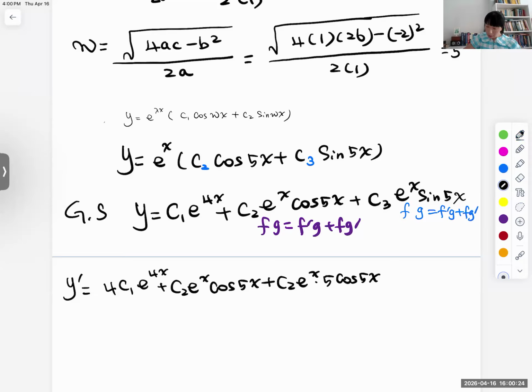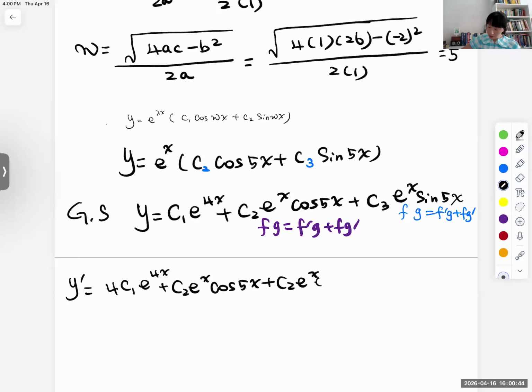So that will be, oh no, derivative of cosine 5x. We've been doing this e to the x, yeah, that's why, sorry. So derivative of cosine 5x, negative sine 5x, right? So negative sine 5x and times 5.